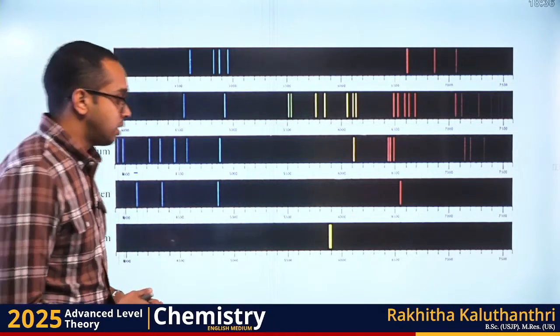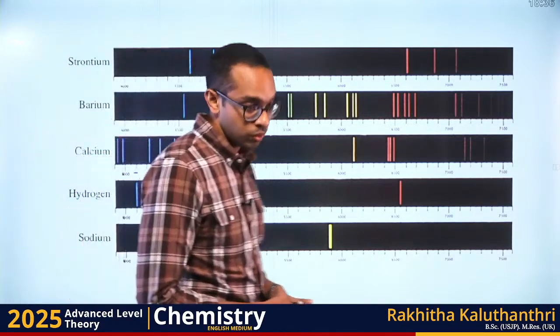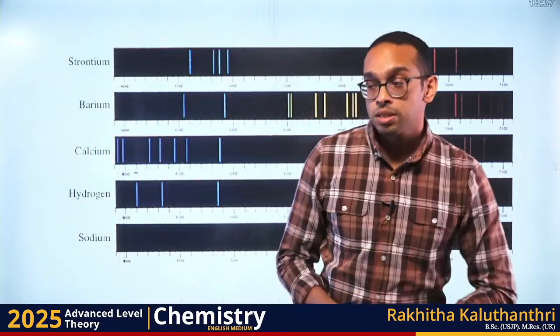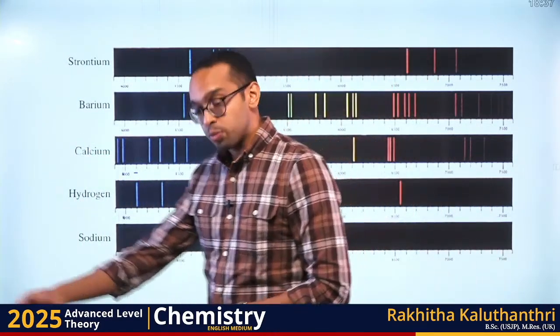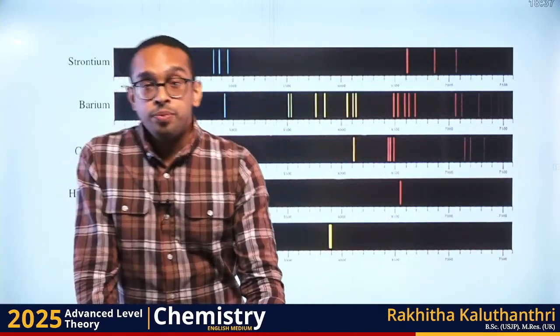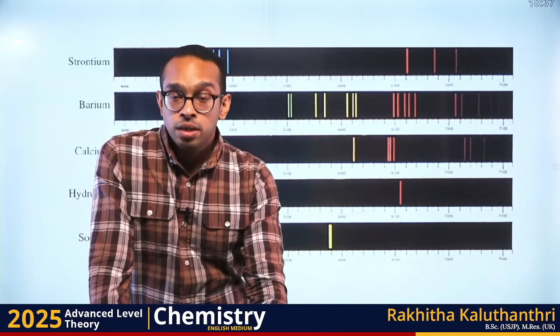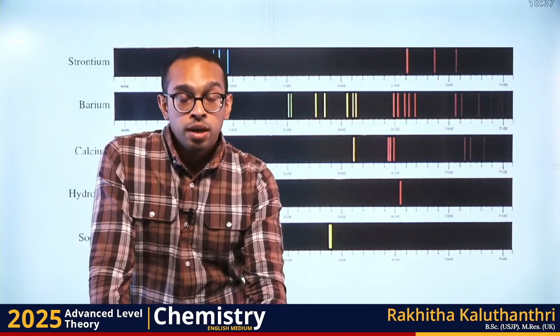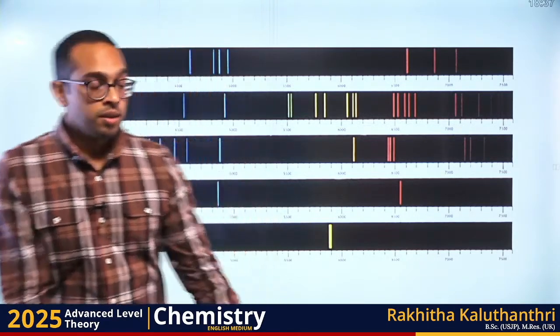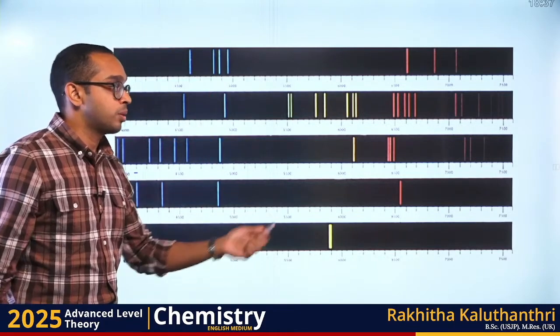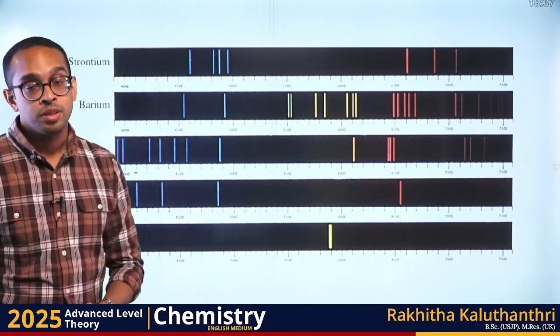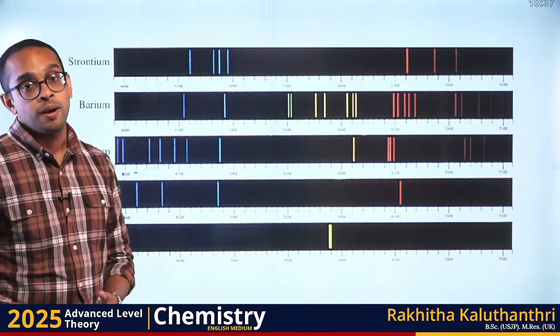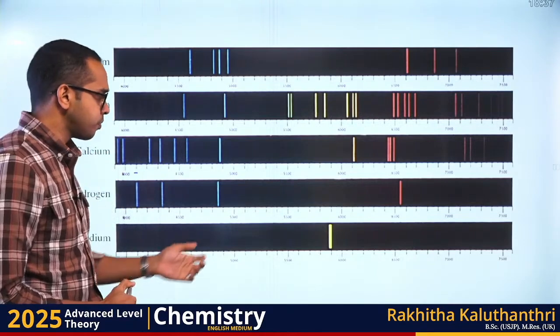Actually, one of the scientists who explained why these lines are appearing is Niels Bohr. Niels Bohr is the main scientist that provided a theoretical explanation as to why each element produces these types of different lines as line spectra.